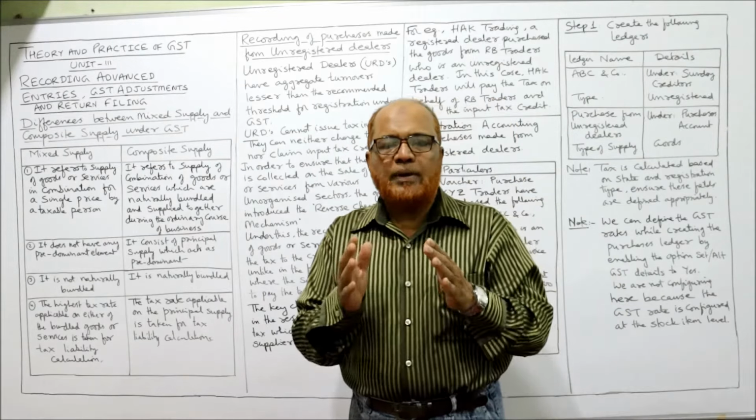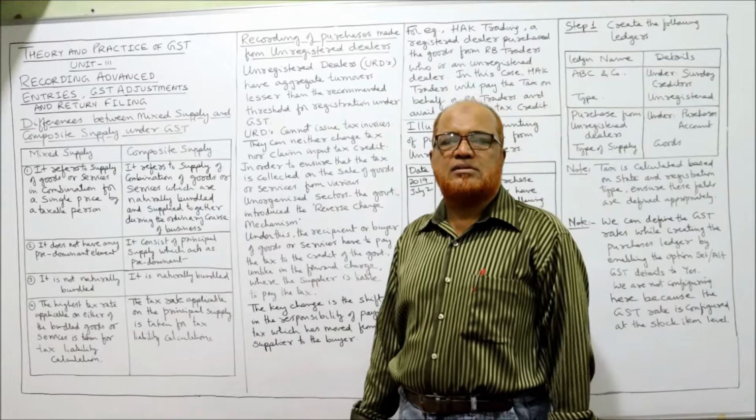So what are the differences? First, mixed supply refers to the supply of goods and services in combination for a single price by a taxable person. Composite supply refers to a supply of a combination of goods or services which are naturally bundled and supplied together during the ordinary course of business.